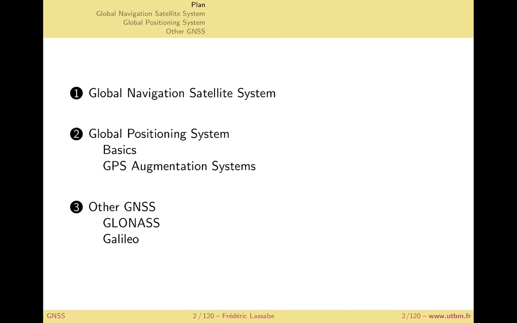Then we'll study the global positioning system. First its basic operations, then how we use GPS augmentation systems and how they work. And finally, we'll see quickly other global navigation satellite systems such as GLONASS and Galileo.